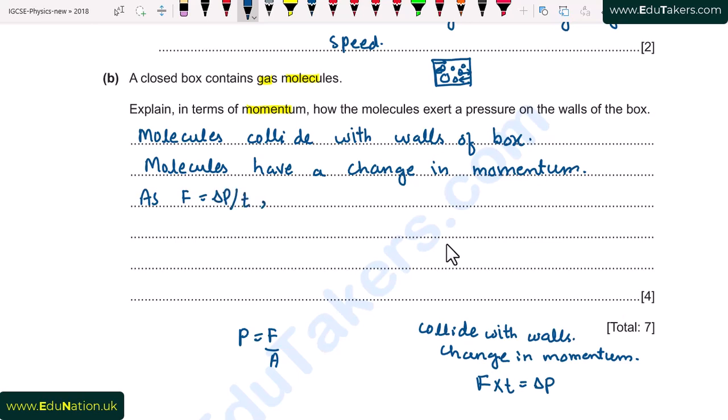So this change in momentum exerts a force on molecules, and then as pressure is equal to force per unit area, molecules exert pressure on the walls of box.